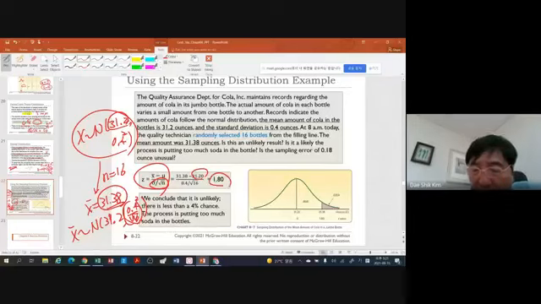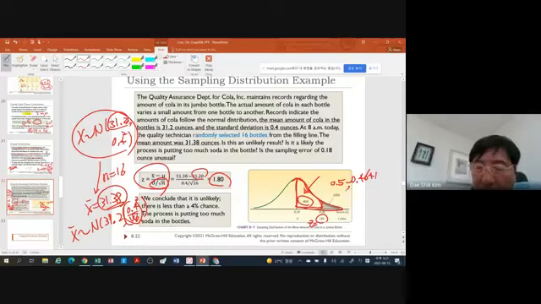That gives 1.8. When you use the normal distribution table, this red area is 0.4641. The right half is 0.5, so 0.5 minus 0.4641 equals this. So 31.38 is equivalent to Z equal 1.8.